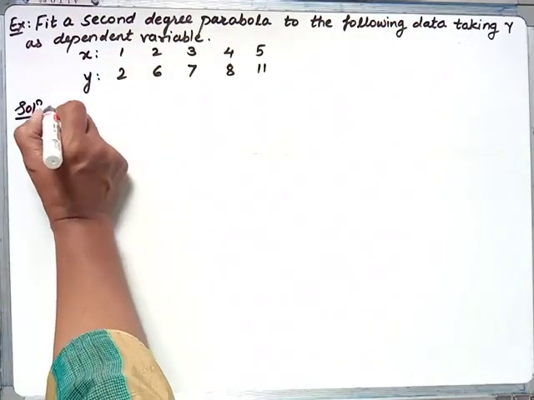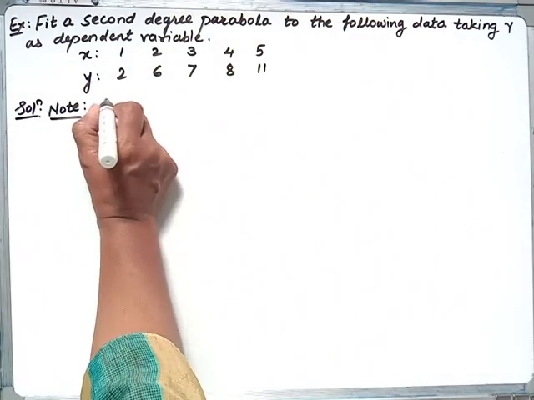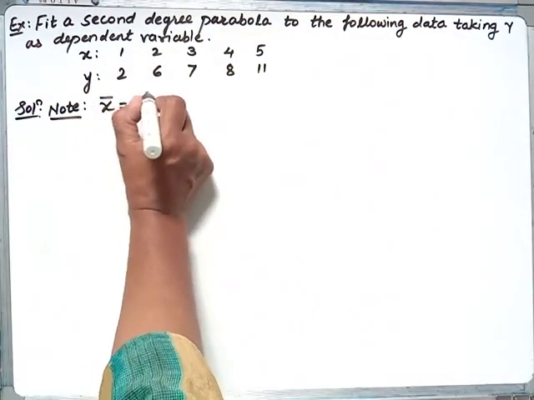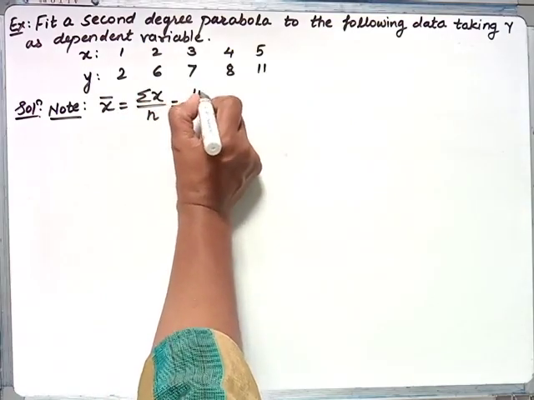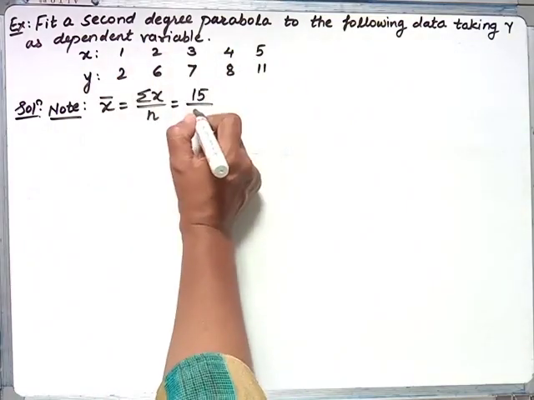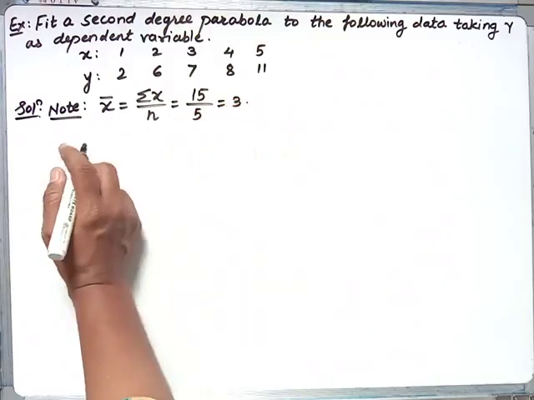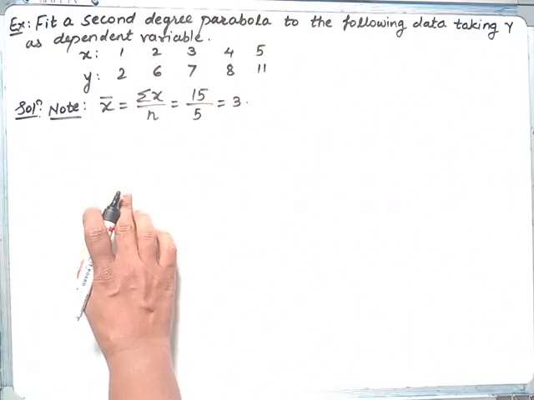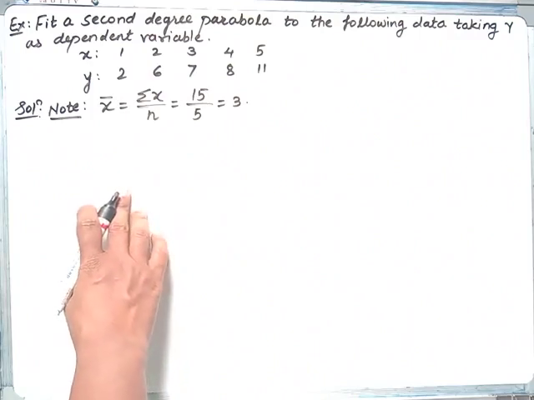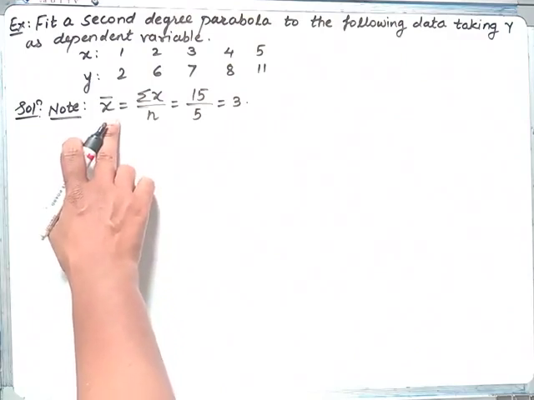Now here note first, what is x bar? x bar is summation x upon n, and summation x is here 15. You can check, 15 upon 5 will be 3.